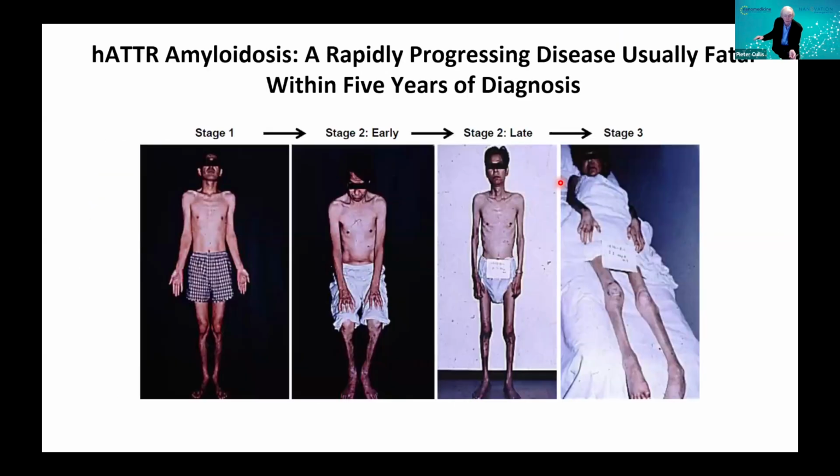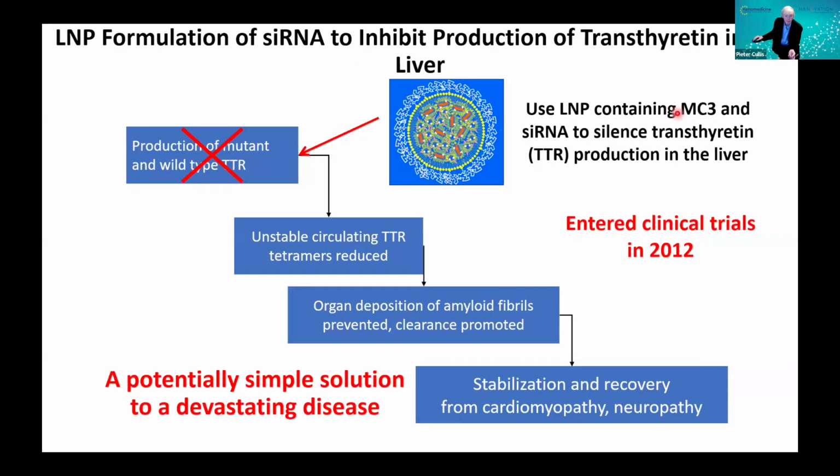There's no effective therapy. And so this is where you can see the rather nasty progression of this disease over the course of 5 years. Very simple solution to this obviously devastating disorder is that, well, if transthyretin is causing this disorder, let's just shut it down using a lipid nanoparticle siRNA formulation.